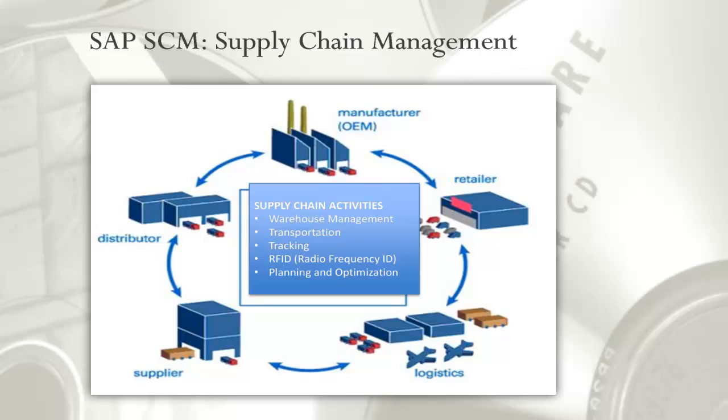These capabilities include warehouse management that extends beyond the previously mentioned warehouse management application. We have transportation management. There's also RFID processes designed to facilitate quick data entry, and planning and optimization, with functions equipped to maximize production, sales, and transportation planning.